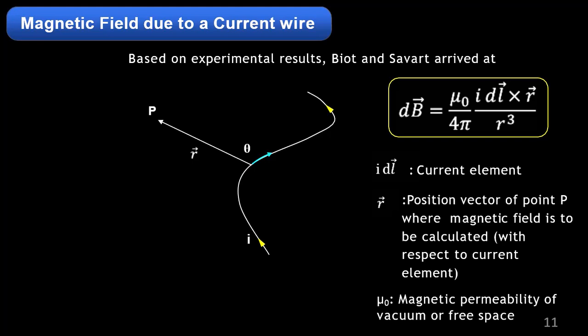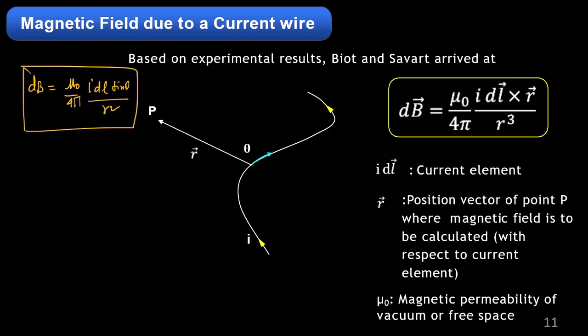So what is that format? That is the format of cross product. Before applying the cross product rule, let us say I am getting the result as mu naught by 4 pi, I dl sine theta divided by r square. Now the numerator part is almost similar to our cross product formulation.